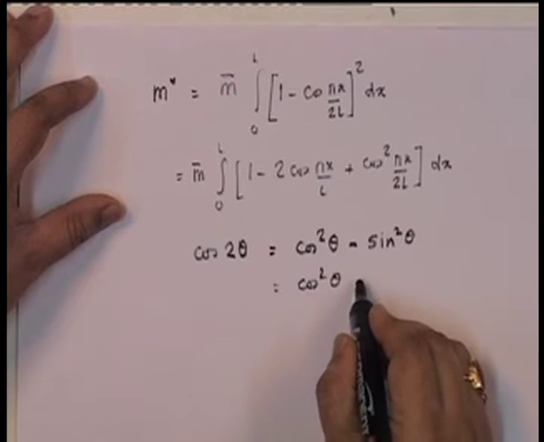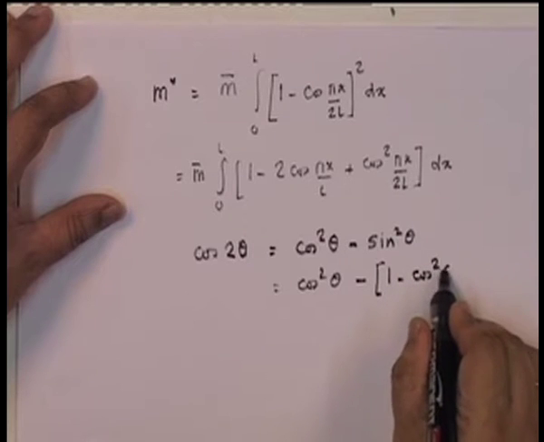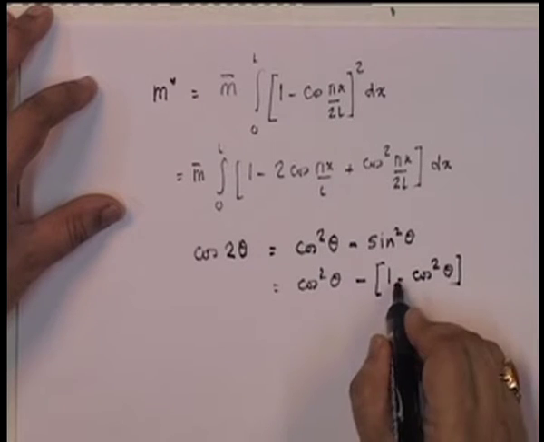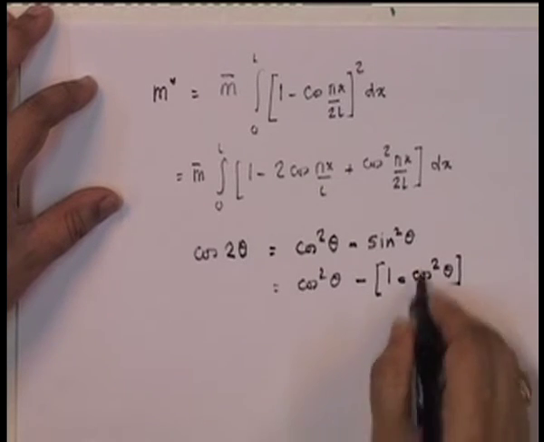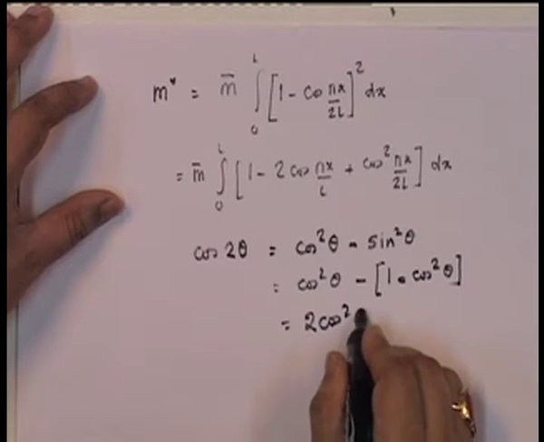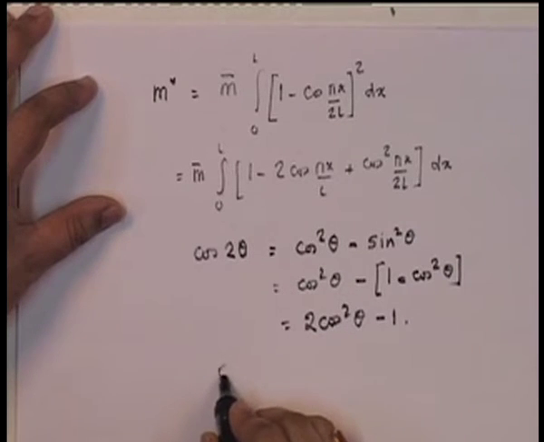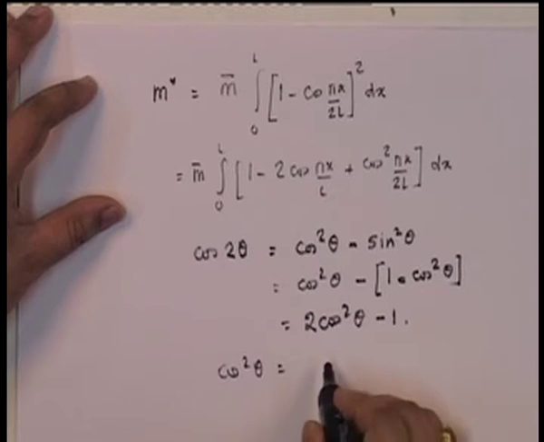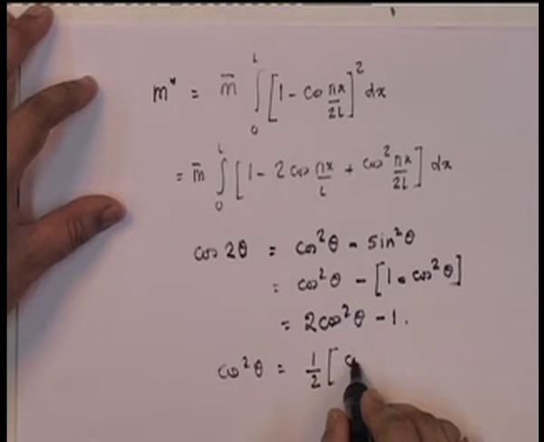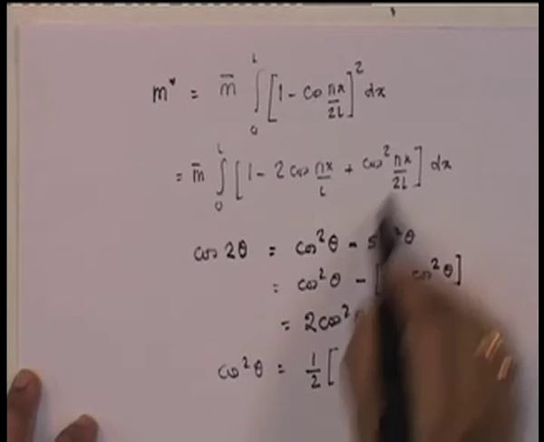This becomes 1 minus cosine pi x. Remember that? Okay. So, what you get is cosine 2 theta equal to 2 cosine squared theta minus 1. And so, cosine squared theta becomes half of cosine 2 theta plus 1. Okay. So, I am going to plug that in.